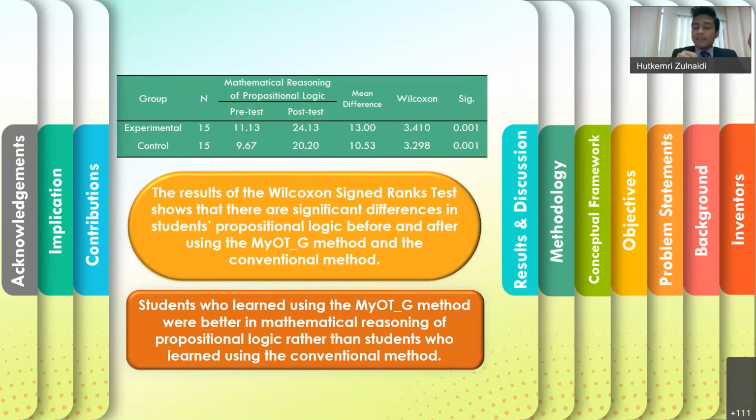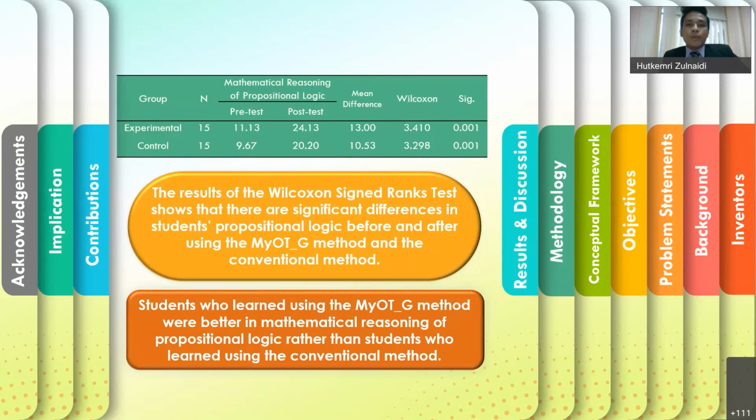And when we use the conventional or traditional method, yes, it can also increase. But when we look at the difference in means from group to group, we see that the experimental group is better, with a bigger increase in score between pre-test and post-test.